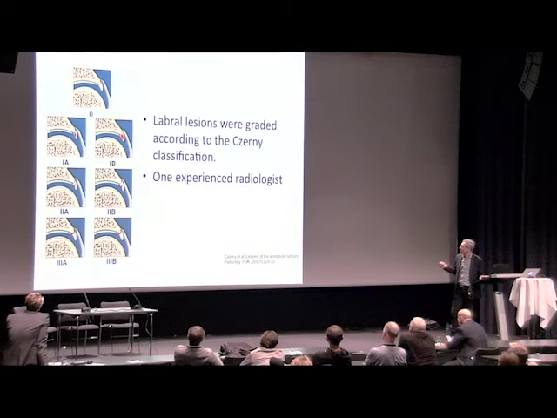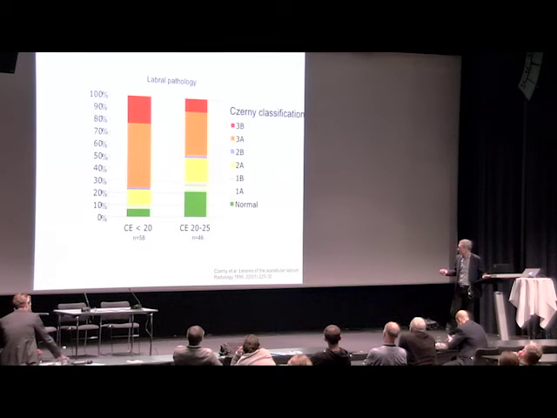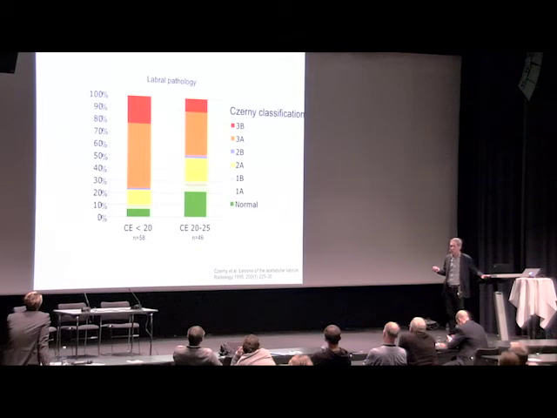We did a classification of the labrum, and we divided the patients in 2 groups, moderate dysplasia and more severe dysplasia, and we found labral tears in almost all our patients. And there were only small differences between what we call the borderline and the more severe dysplasia. Even the 3B was present and 3A was present in the borderline dysplasia.